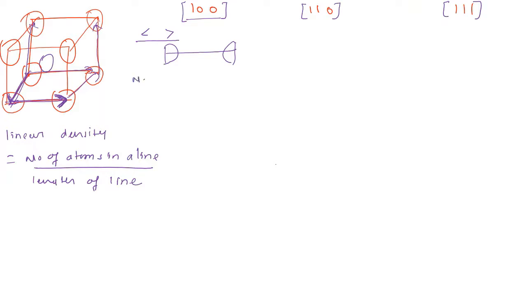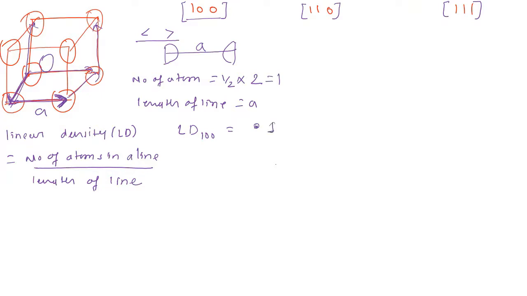So the number of atoms is equal to 1 by 2 into 2, which is 1. The lattice parameter is a, so the length of the line is a. So the linear density for 100 is 1 divided by a.